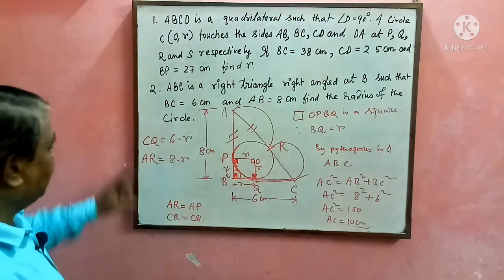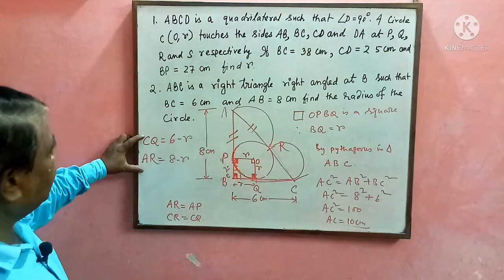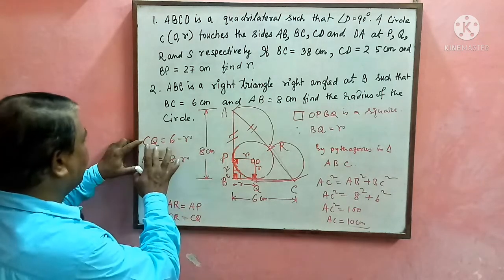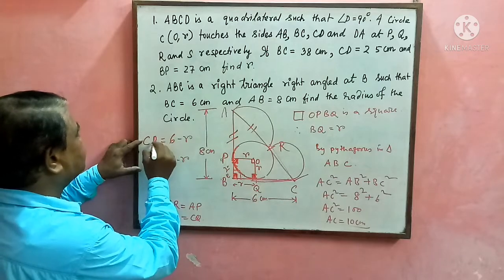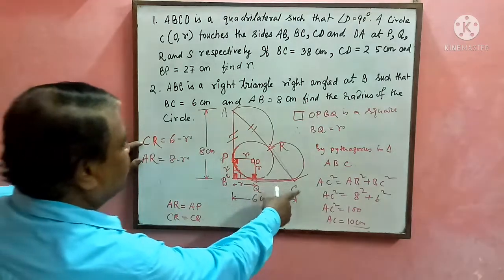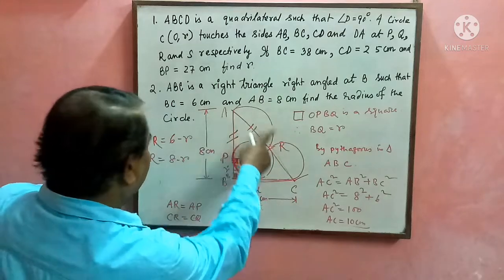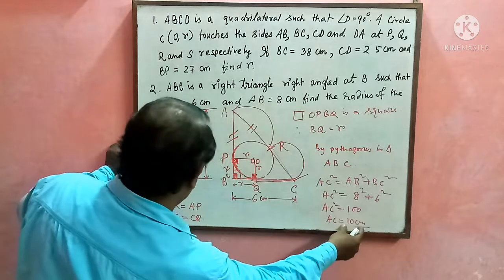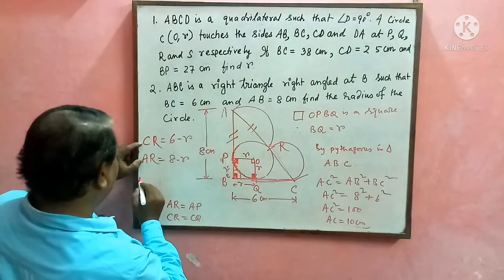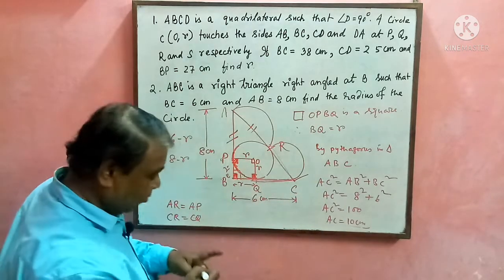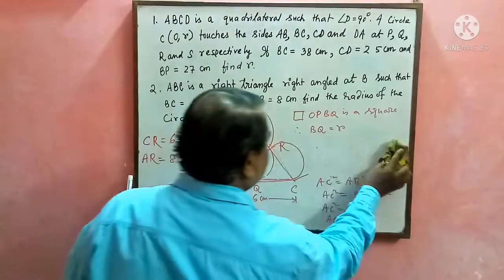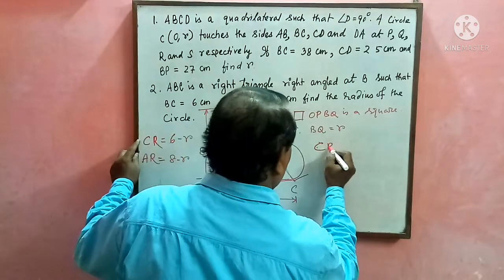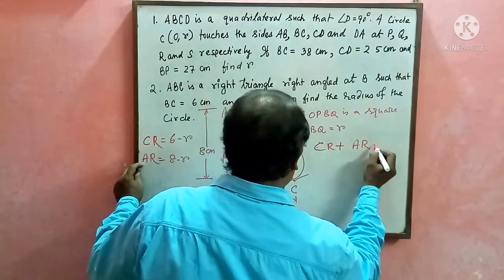Okay? Now CQ is equal to CR, so I can write here CR is 6 minus r, and AR is also 8 minus r. Sum of these two will be AC, that is 10. We know CR plus AR is equal to AC.